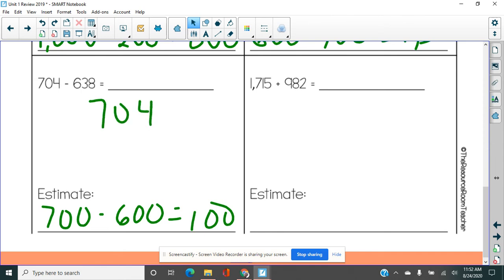All right, zeros can be tricky. And so as you go through this zero, watch this. Okay, so 4 minus 8 has a big bottom, so we have to borrow. But there's nothing here at this 0. So the 0 has to borrow from the 7. Now the 0 has 10.